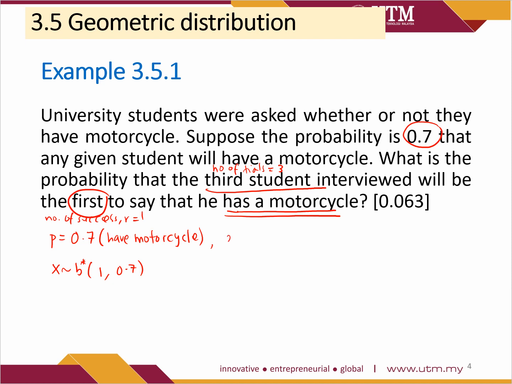Your x would be equal to 3 and r is equal to 1. To find P(X = 3), it will be 1 times p to the power of r, where p is 0.7 and r is 1, times 0.3 to the power of x minus r, which is 2, and you get 0.063.